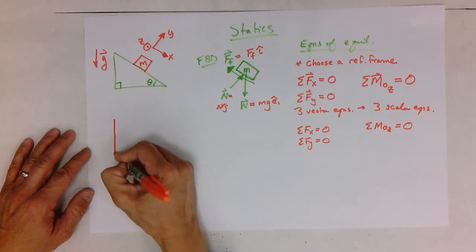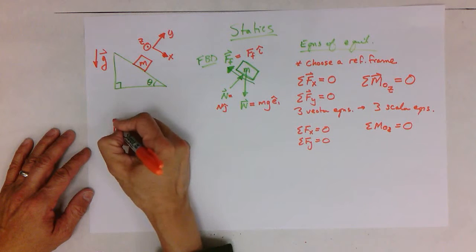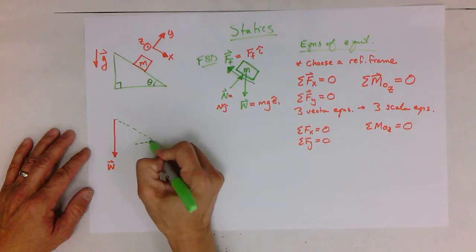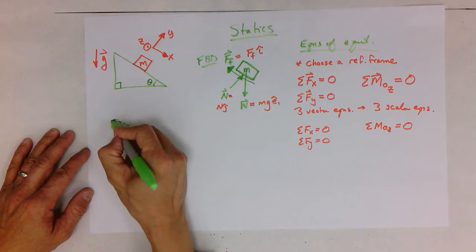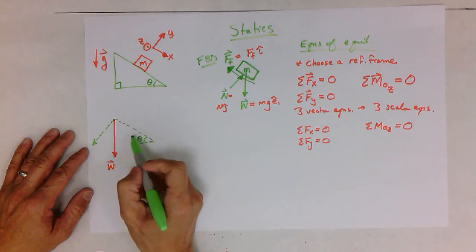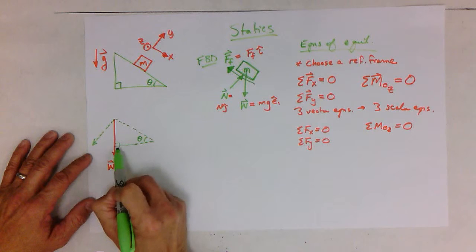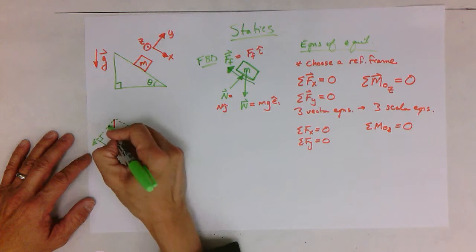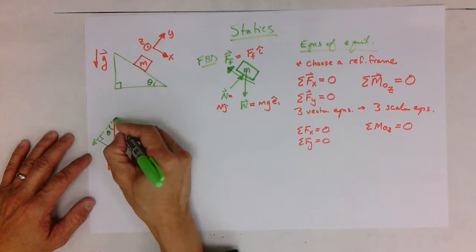So we need to break up this W here. Let's draw this. We'll use some trigonometry. So if this is theta, let's sketch on here. We're going to want to break it up into directions this way and this way. So by some observation in geometry, this is a right triangle, so this must be theta. So we need components in this direction and this direction.